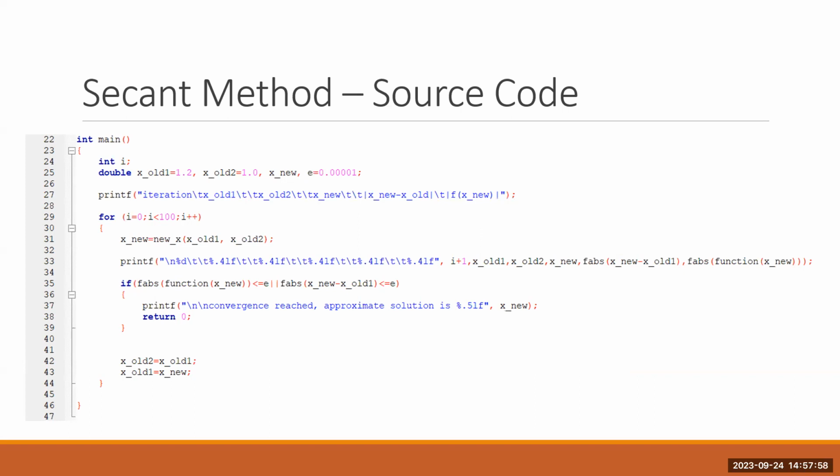And the second condition is if the absolute difference between x new and x old 1 is less than or equal to e, so we also stop the iteration. So if either of these conditions is met, the code prints the approximate solution, indicating convergence has been reached, and then it exits the program.